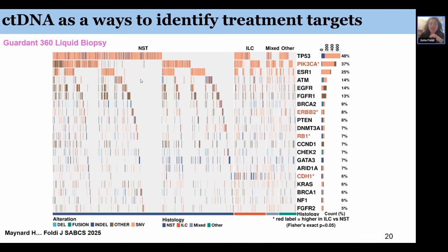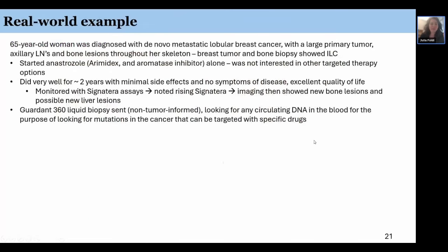When we looked at liquid biopsy, we saw a very similar trend that overall about 40 to 50% of patients have tumors that have this PIK3CA mutation that we can pick up in the blood, and it's higher in lobular tumors than ductal tumors. There are also some other genes that are more often mutated in lobular than ductal tumors, like the HER2 gene or another gene called RB1, and these might have therapeutic significance.